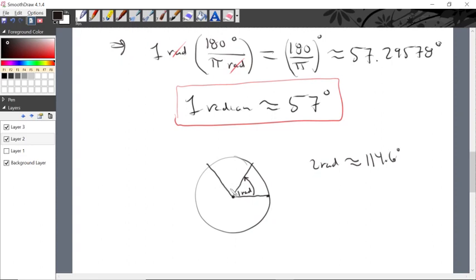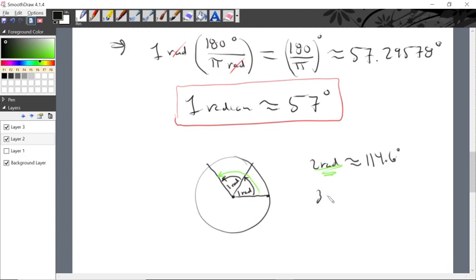So if this is an additional 1 radian of rotation right here, then we now have a total of 2 radians of rotation in standard position. So 2 radians in green.